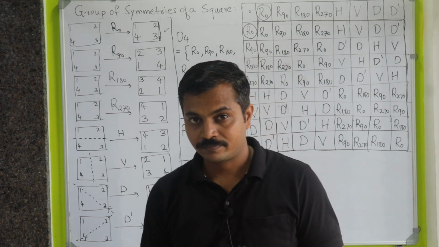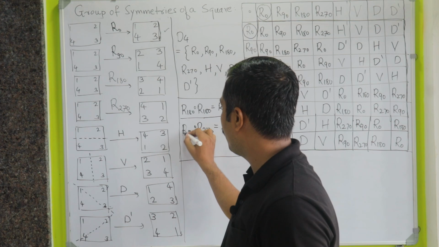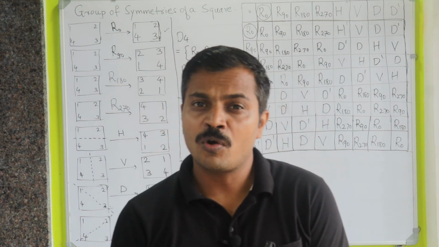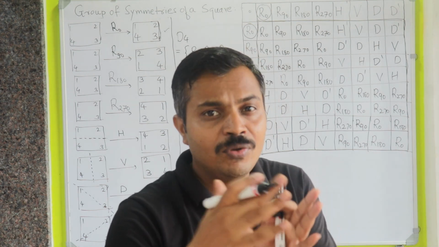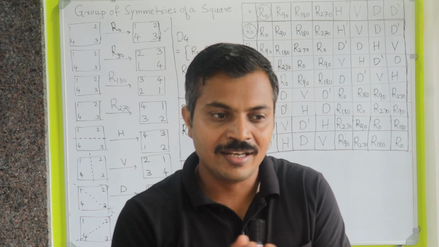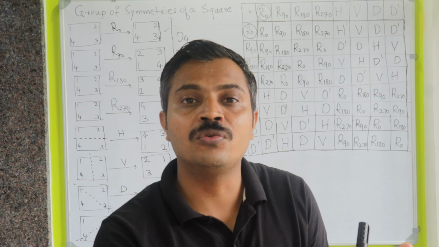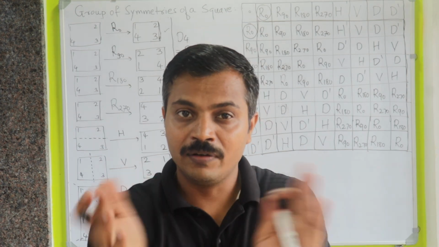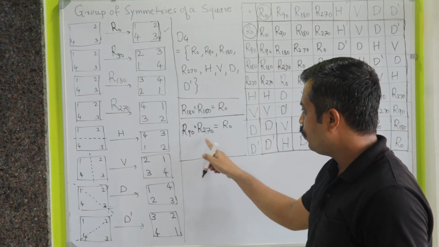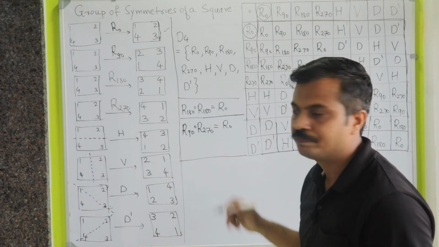But remember, we cannot conclude here that R270 is the inverse of R90, because what does the inverse property say? For each A belongs to G, there should exist A inverse belongs to G such that A composition A inverse should be E, which is further equal to A inverse composition A. That other way round should also happen. So now we have to check whether R270 composition R90 is also R0.